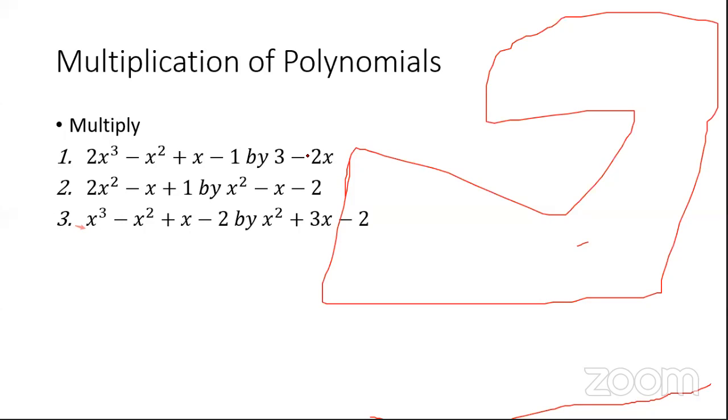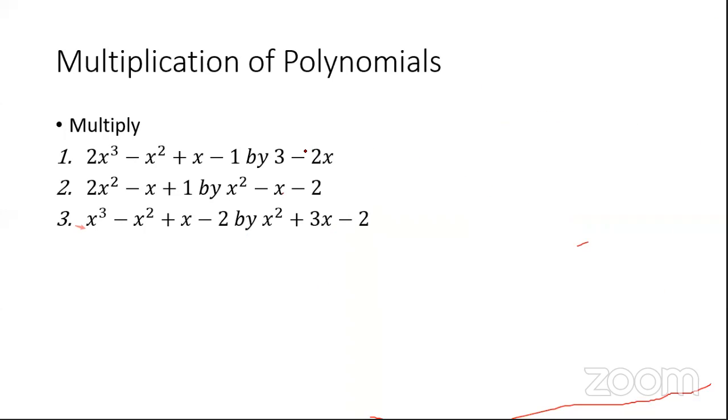Now look at this multiplication. How do we multiply? We have talked about addition. We have talked about subtraction of polynomials. How do we multiply a polynomial? So I think that's why I gave as a prerequisite expansion. So it's similar to what we do in expansion.